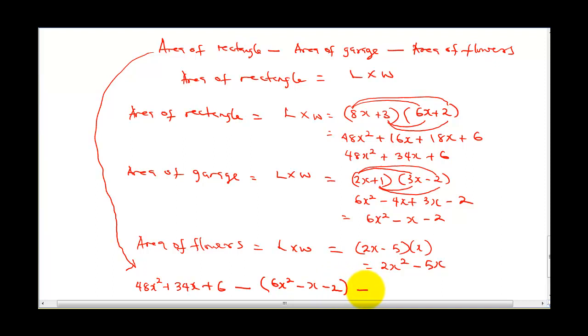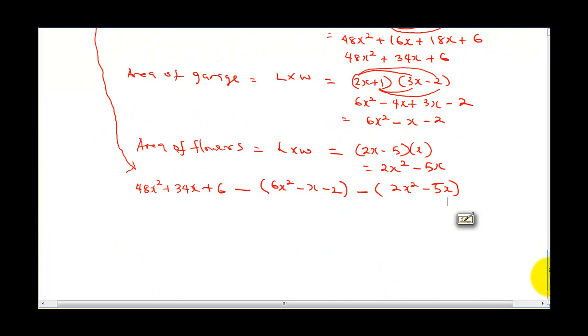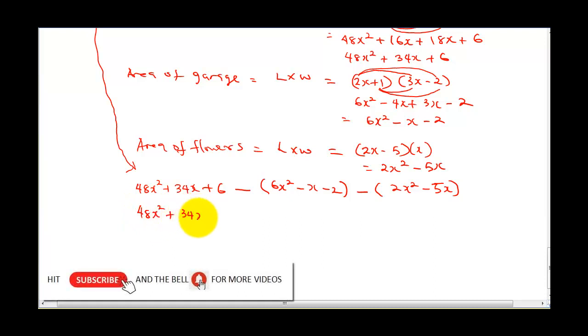Then we also subtract the area of flowers, which is 2x squared minus 5x. We are going to solve this equation so that from here we can get our answer.